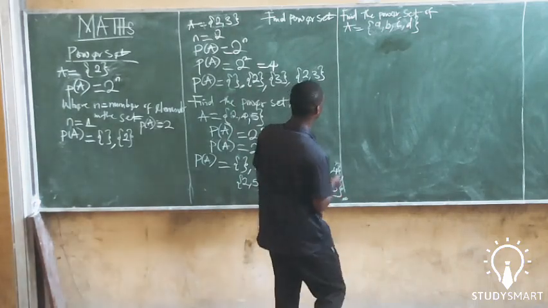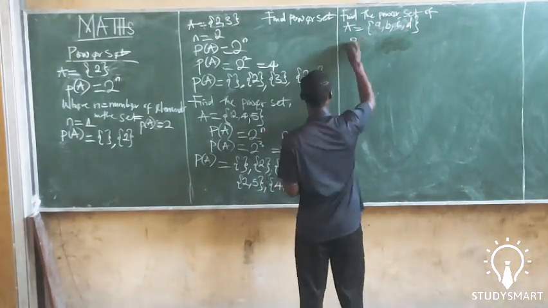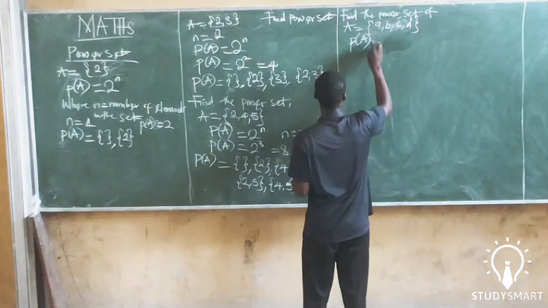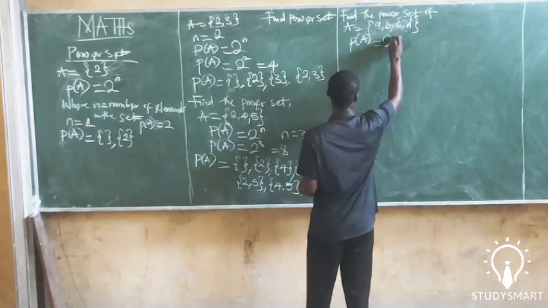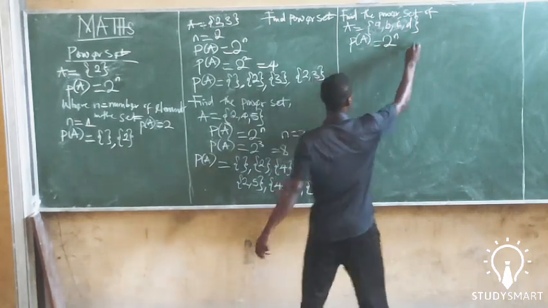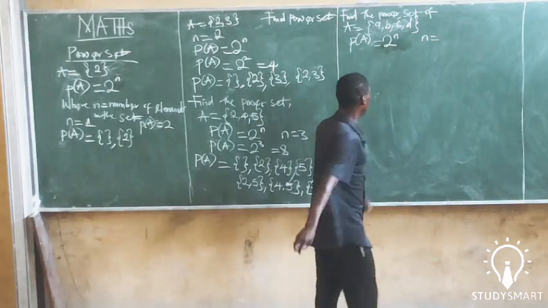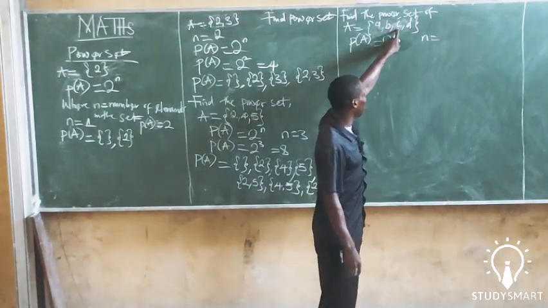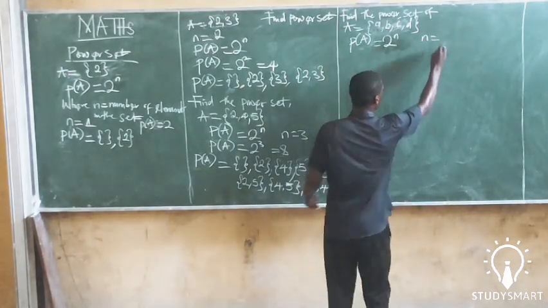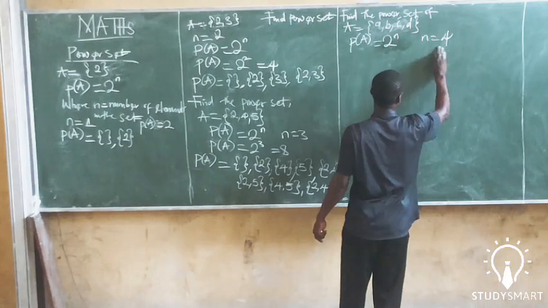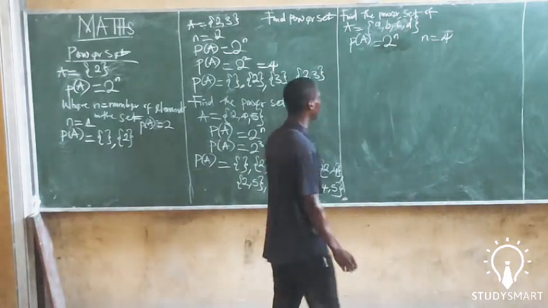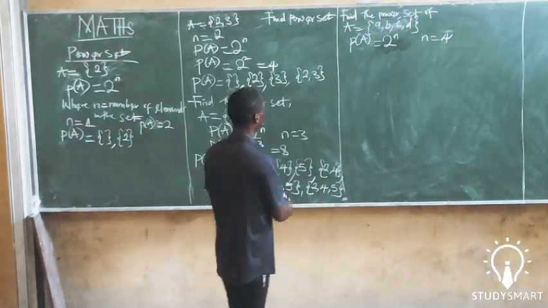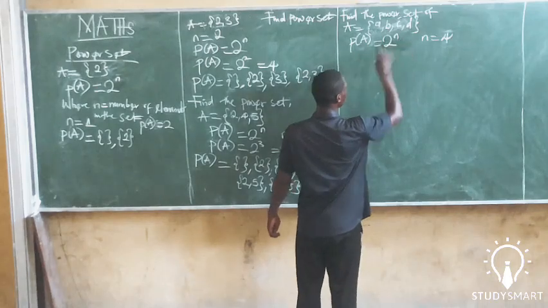Since we know that our power set is equal to 2 raised to power n, and the number of n here will be 1, 2, 3, and 4, the number of n is 4. So we are going to substitute n in this expression.